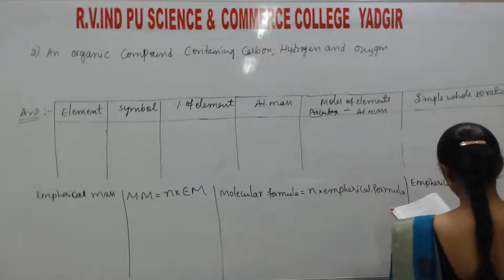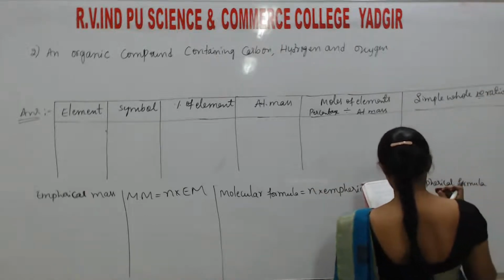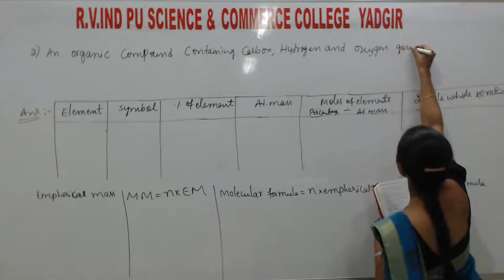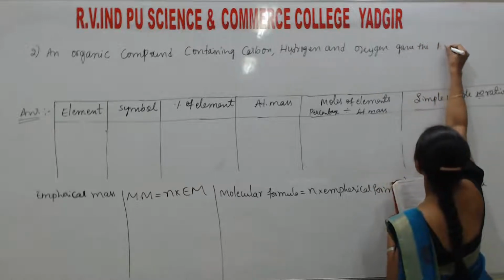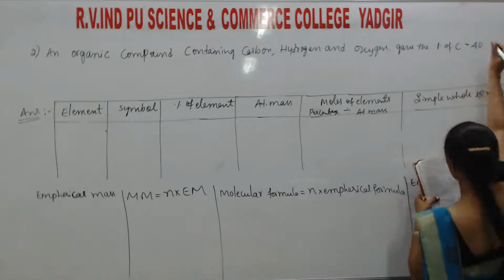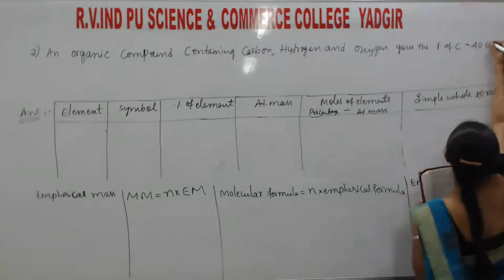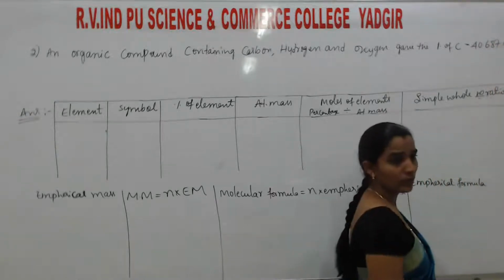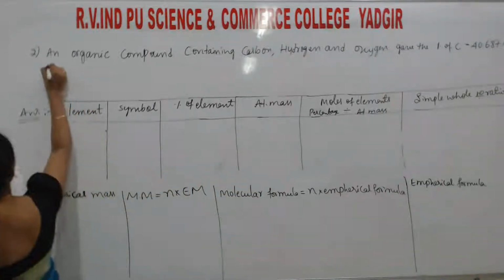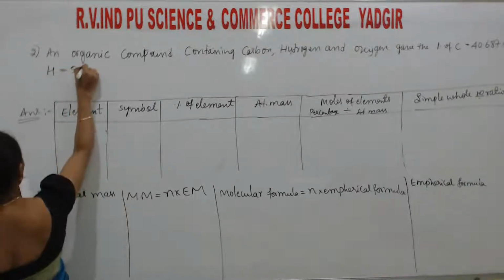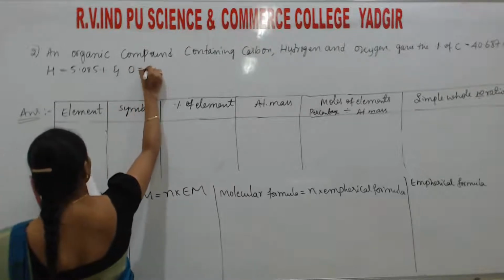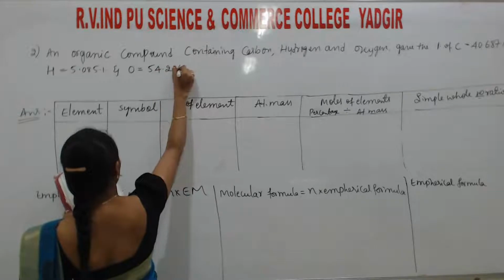They gave the percentages: carbon is 40.687%, hydrogen is 5.085% and oxygen is 54.228%.